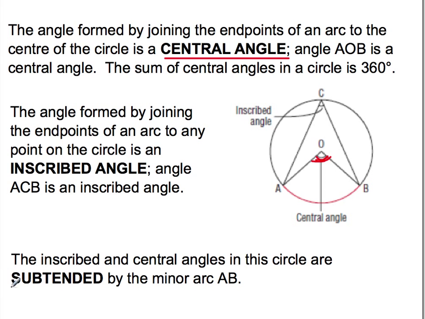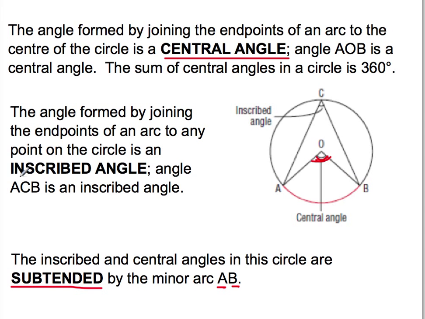And this is just a fancy word right here. It's subtended by minor arc AB because it starts at A and ends at B, but it goes to the center. Okay, so that's what that fancy word means. It just means it starts and ends at A and B, but it takes a little detour to the center first.